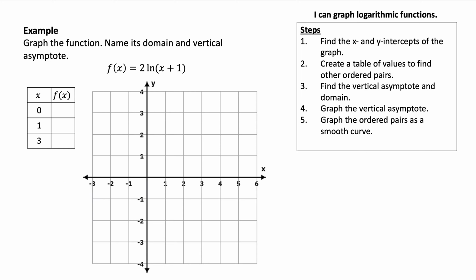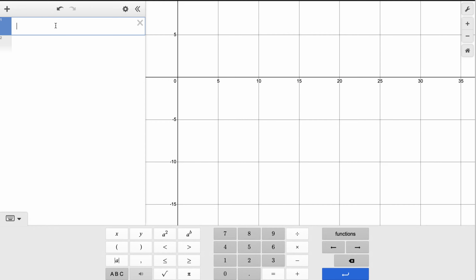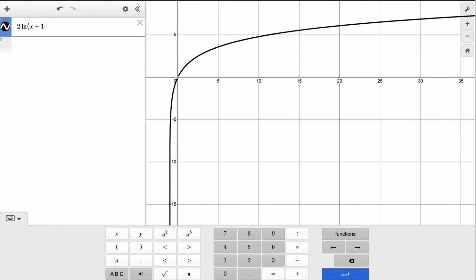So now let's figure out from our table of values how to fill in the rest of the graph. So we first have that point 0, which we did find was the x and y intercept. But now let's go to Desmos. So we have 2 natural log of x plus 1. Okay, so now here's our graph.